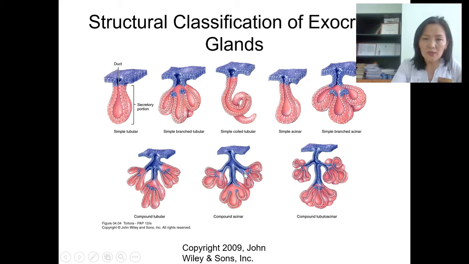Compound because many branches, acinar because the secretory portion is like an acinus. And compound tubular acinar gland. One portion like a tube, another portion like an acinus. That's why we can see tubular acinar glands. These are the morphological classification of exocrine glands. Exocrine, okay?